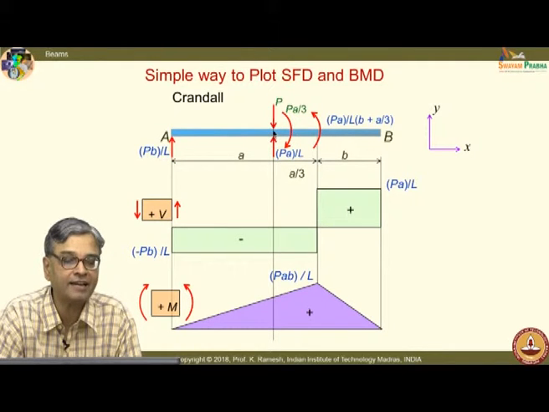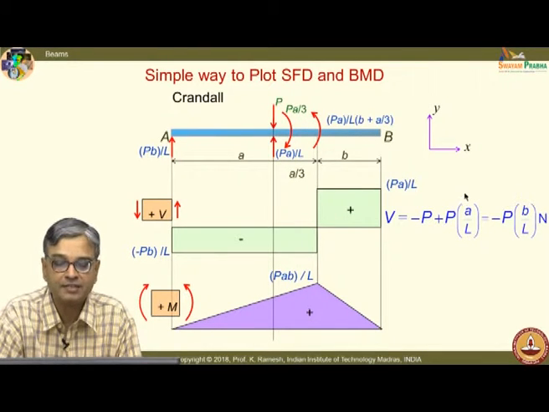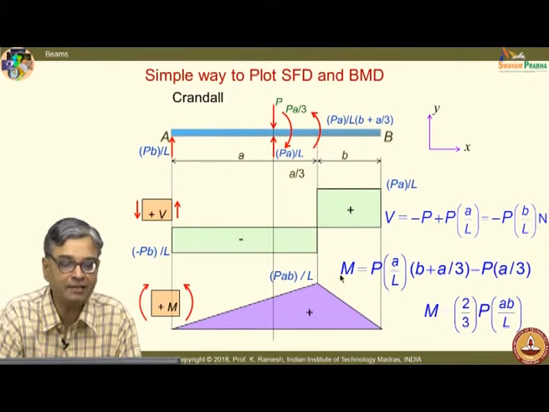These are all acting at the selected section. So, this force has given me the couple Pa by 3 and this force has given me the couple Pa by L into (b plus a)/3. Now I take the summation of it, I get shear force as Pb by L, that is what you get here.